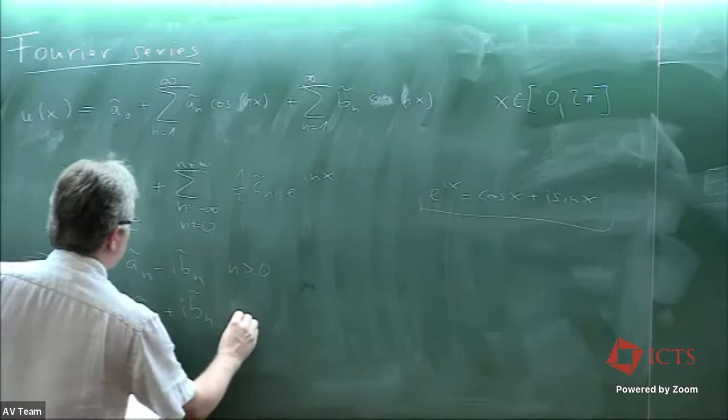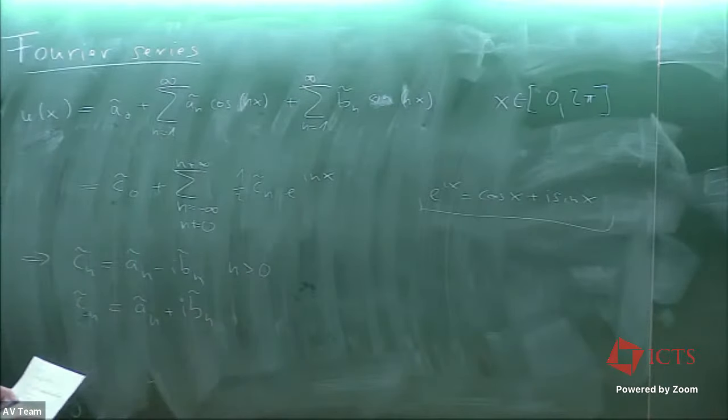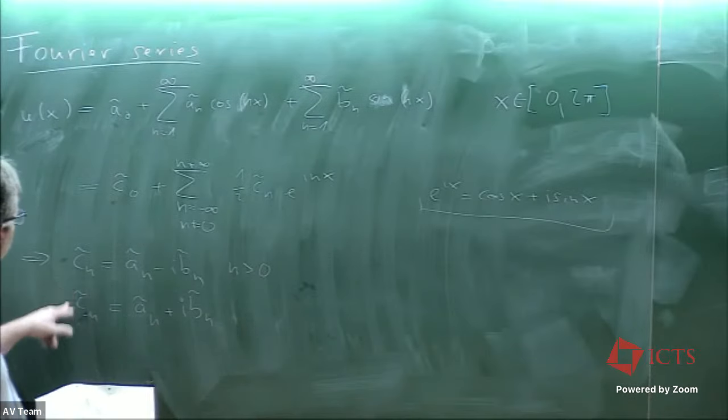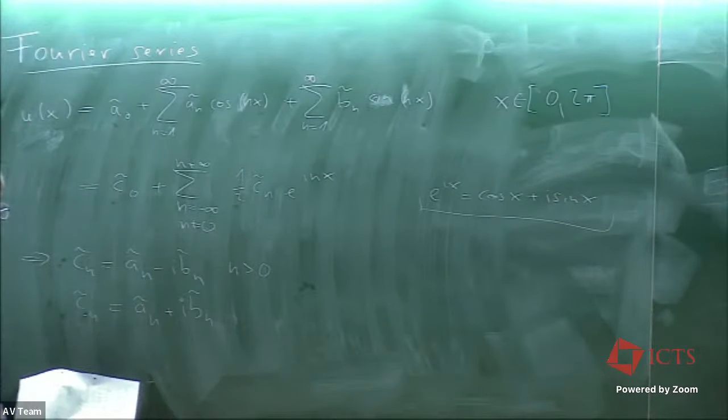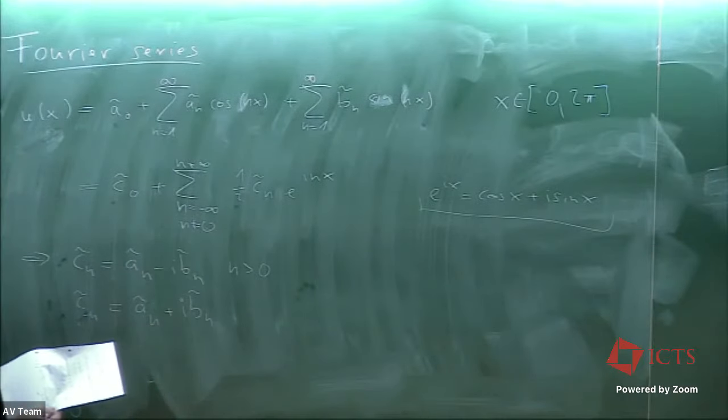Yes, there's a typo in my notes. So you get the negative n's and the positive n's in the complex series from the a's and the b's above.